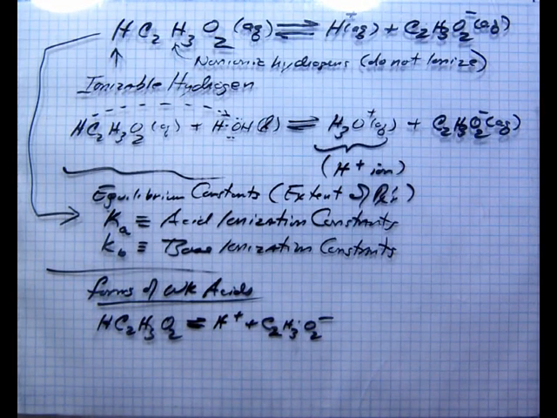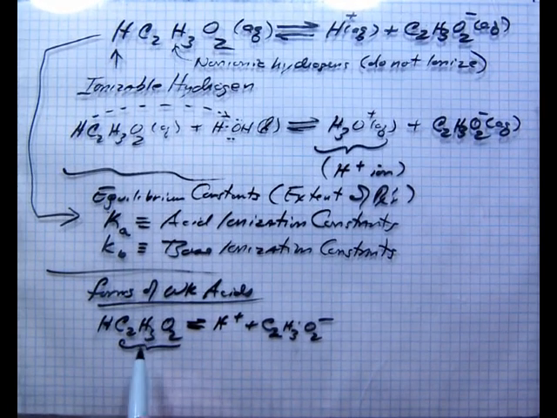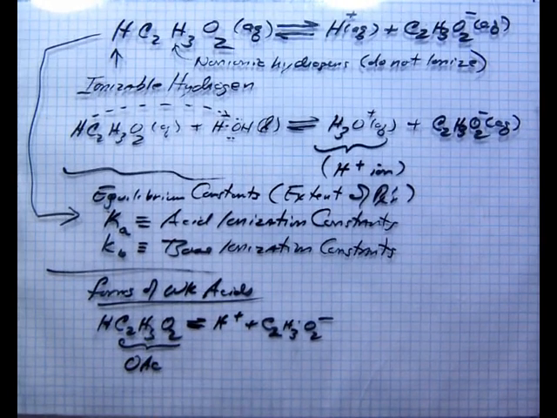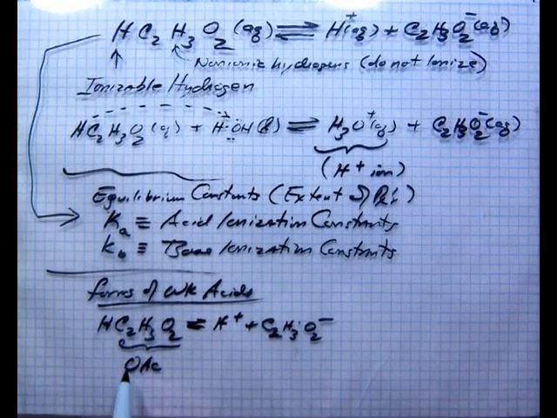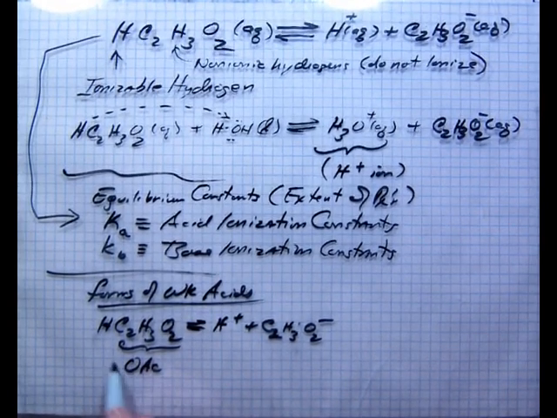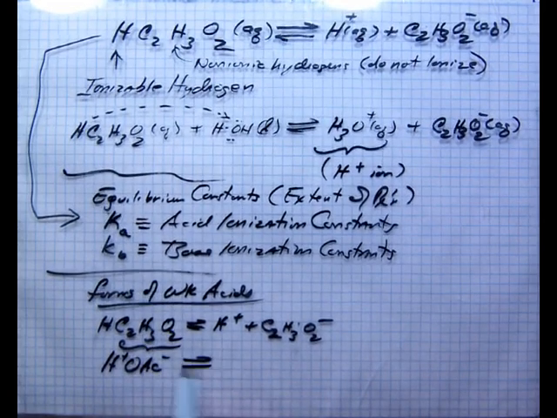Now, many chemists will abbreviate the anion. This is the acetate ion, and what they'll do is write OAc, because the hydrogen connects at that oxygen, and they'll put an H plus and then an OAc representing the acetate, and ionize like this.